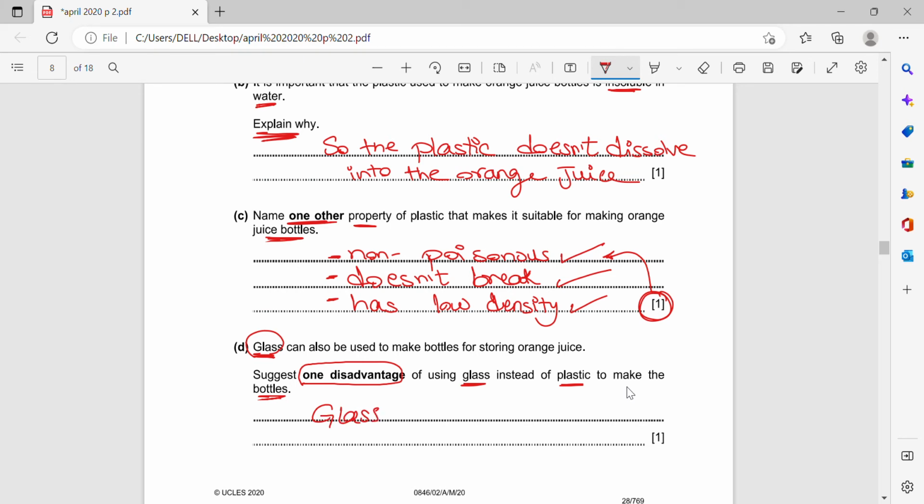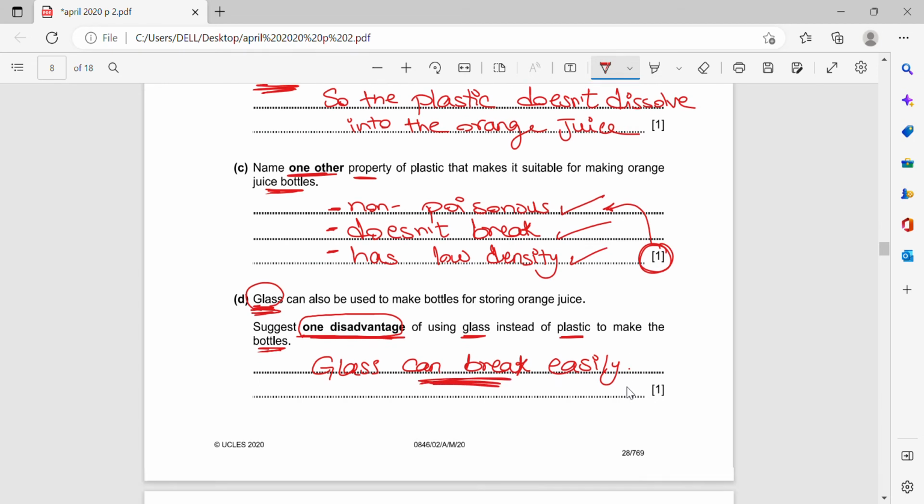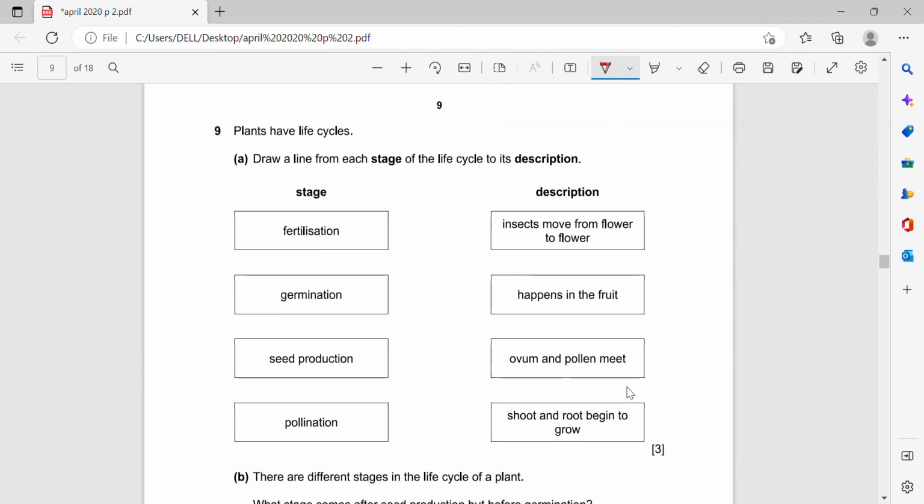Glass can break easily. So glass is actually good, okay, non-poisonous and all this stuff, but it has a disadvantage that it can break easily. Let's go to question number 9.